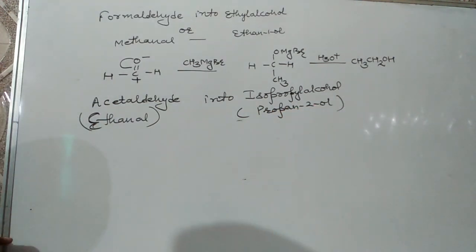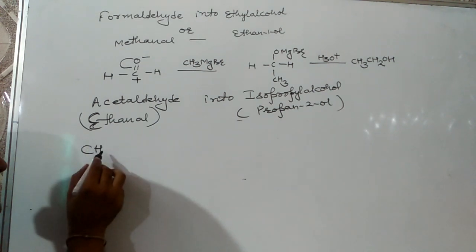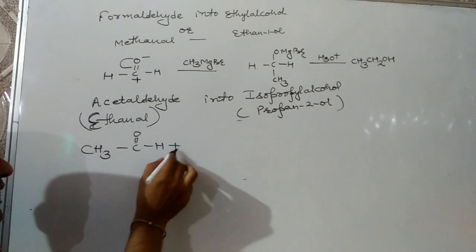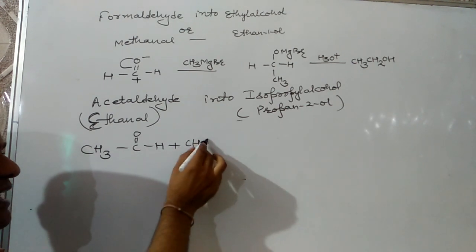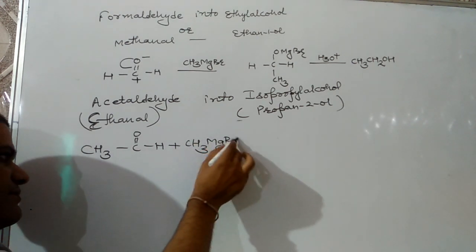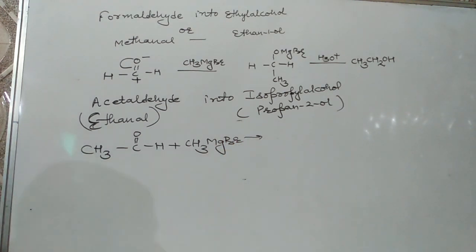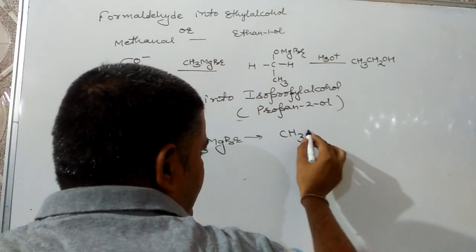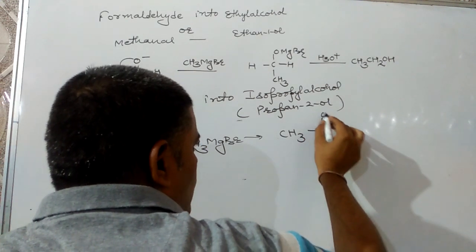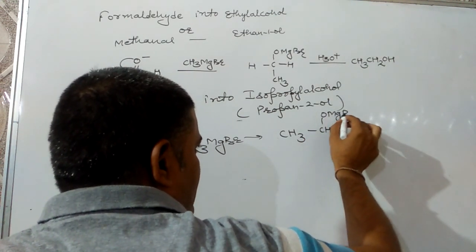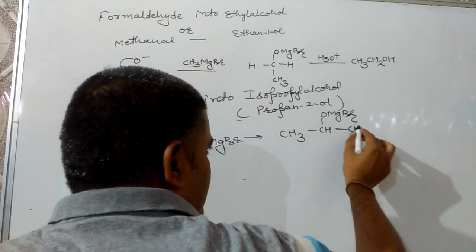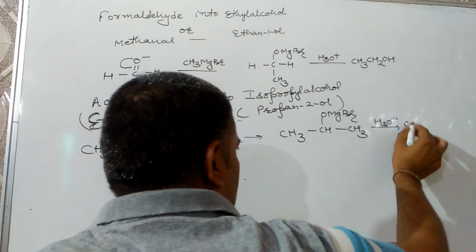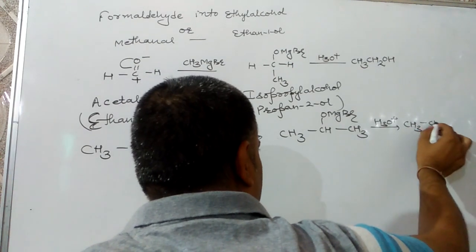As we know, ethanal has formula CH3CHO. In the same way, one carbon we have to increase, so add CH3MgBr to it. Nucleophilic addition will take place to give an addition product CH3CH(OMgBr)CH3, where O has MgBr and C has CH3, and this on hydrolysis gives you isopropyl alcohol as a product.